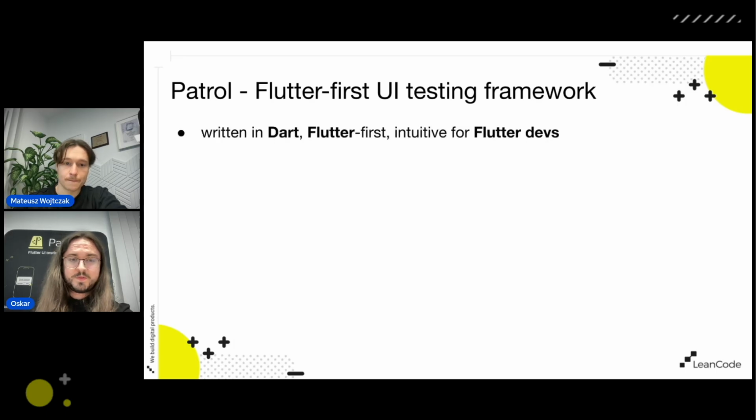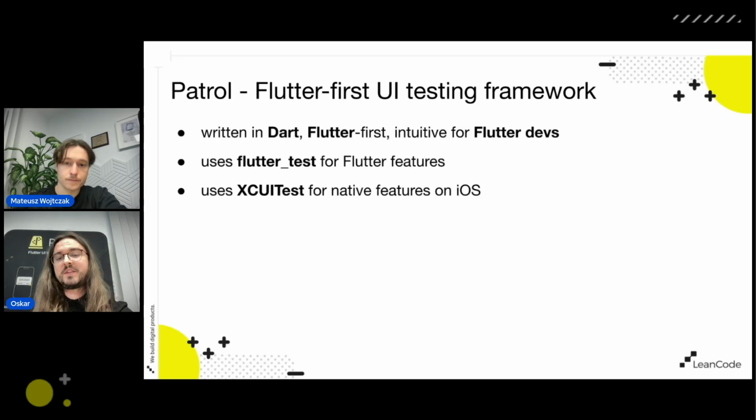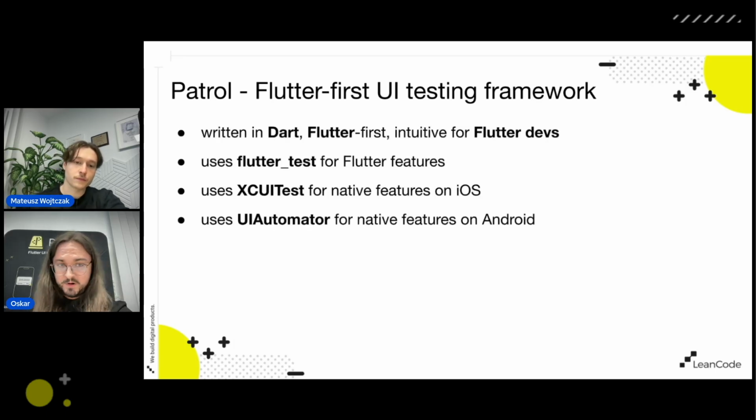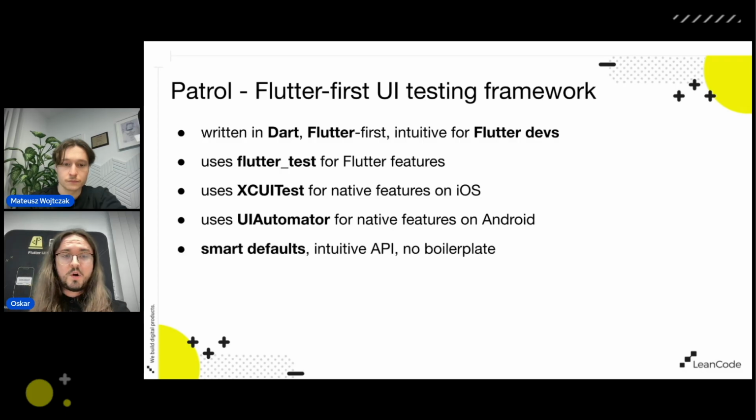All right. So what actually is Patrol? So first of all, it's written in Dart. So it's specifically created for Flutter. So we don't need to support all of other frameworks. There are no compromises related to that. Also, we still use Flutter test for Flutter features of your app.